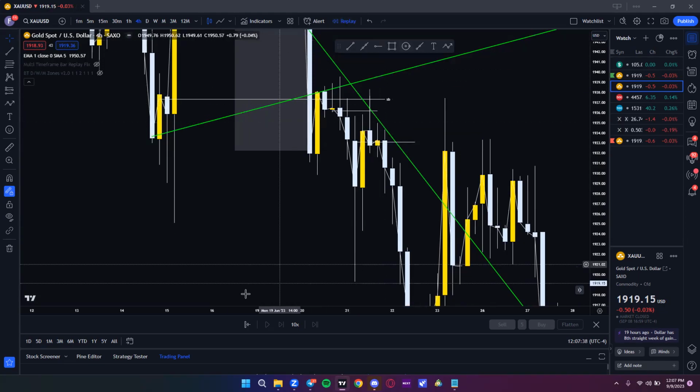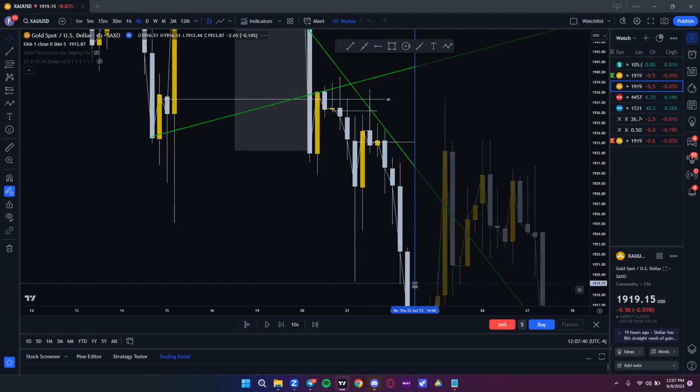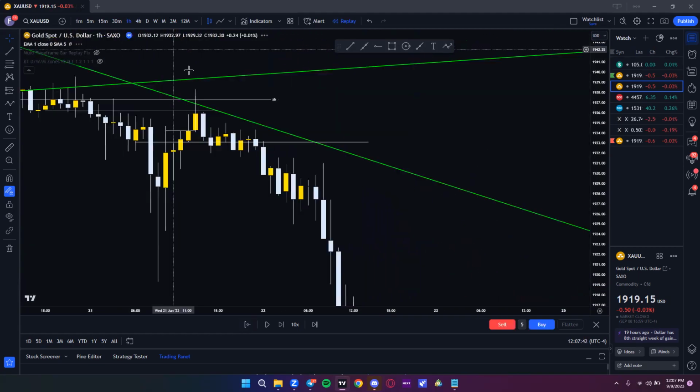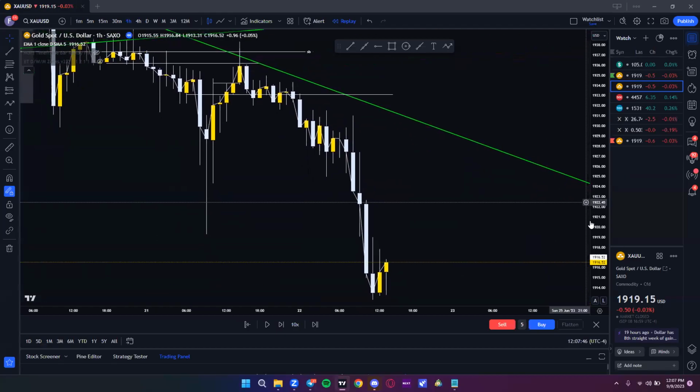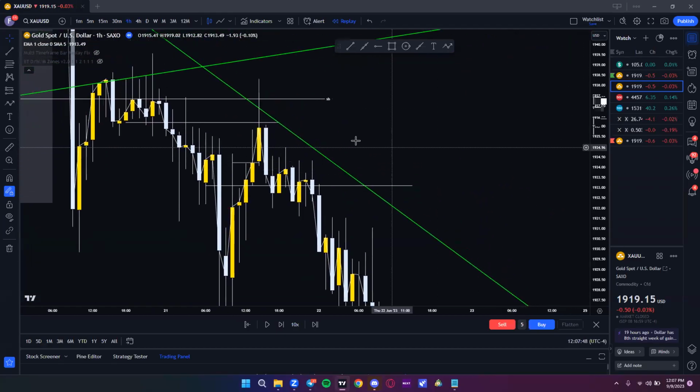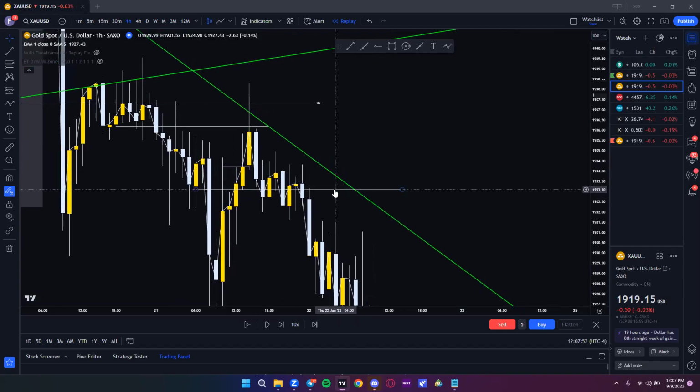Let me see if I could go back in time and see what H1 is telling me right there. Okay, so again, you can even see that on H1. These are H4 levels, but on H1, what you see is you have this decision level here, H1 breaking below.